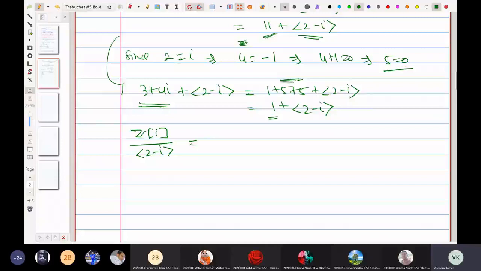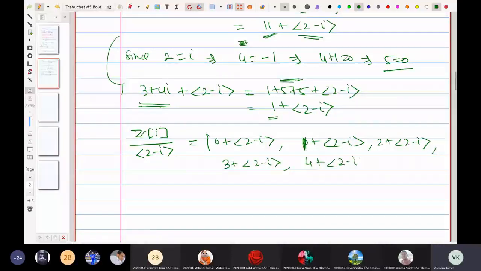So what are the elements here? We can have 0 plus 2 minus i, 1 plus 2 minus i, then 2 plus 2 minus i, and the other two elements, 3 plus 2 minus i and 4 plus 2 minus i. These are the possible elements we have here.